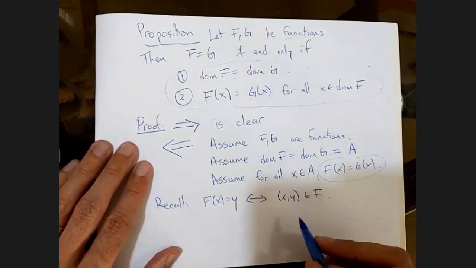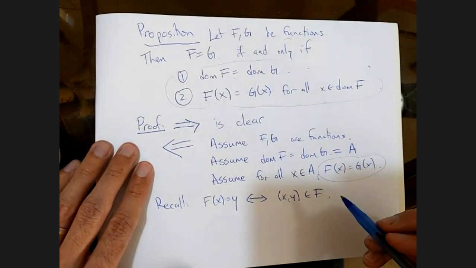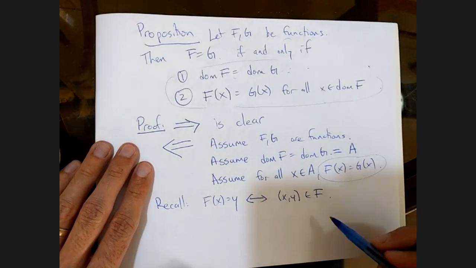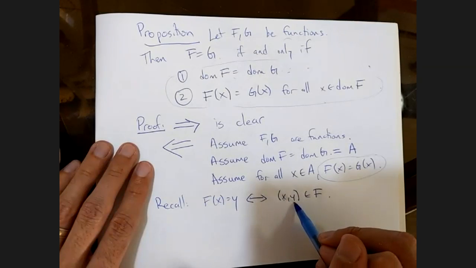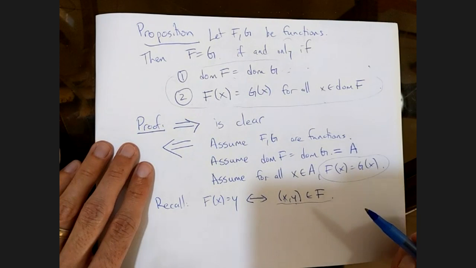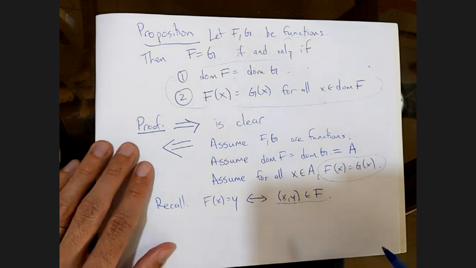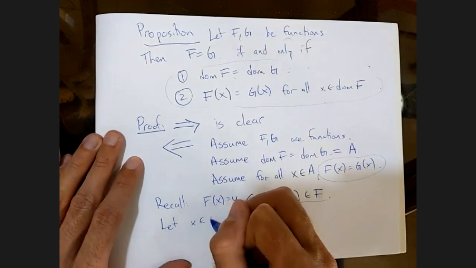And because of our definition of function, if x is given, there's only at most one possible y that can satisfy this property. Okay. So let x be an A.